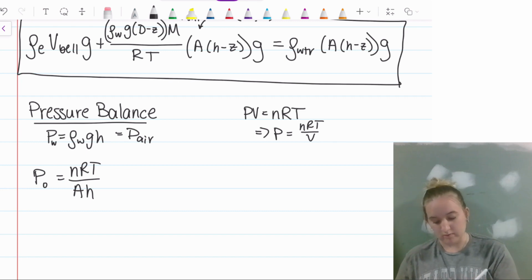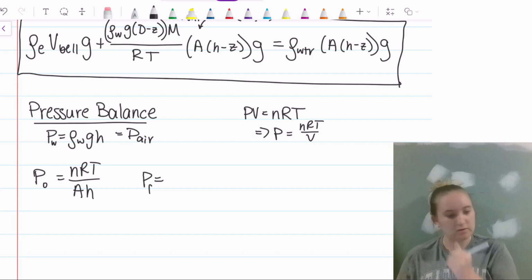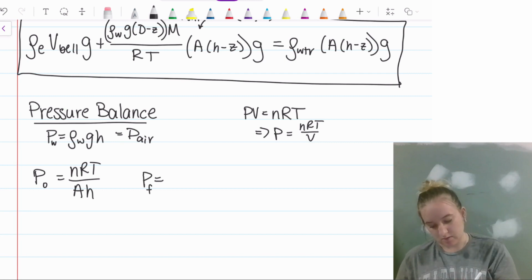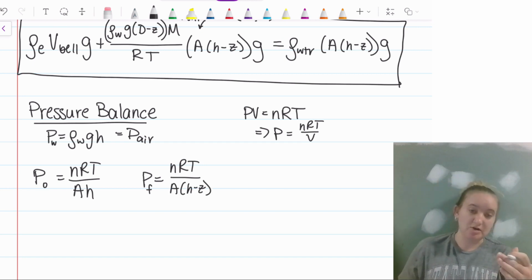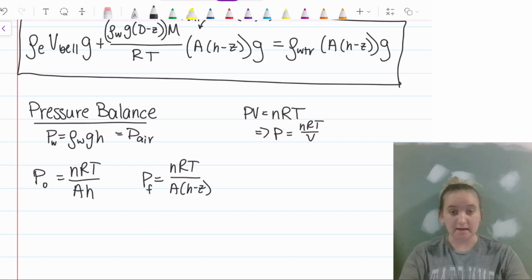And then our final state, P final, is going to be equal to nRT over A times (H minus Z). And it's H minus Z because that's our height change with the water in our bell.